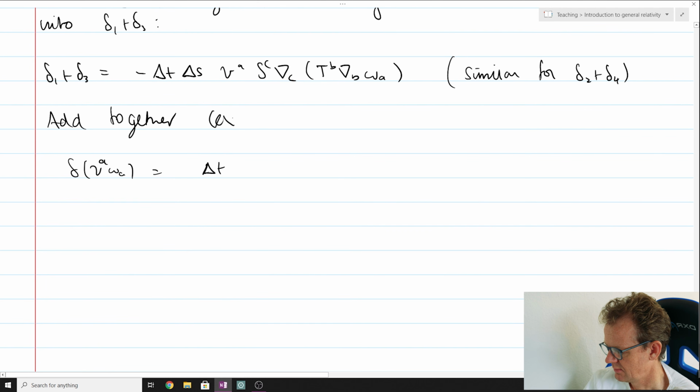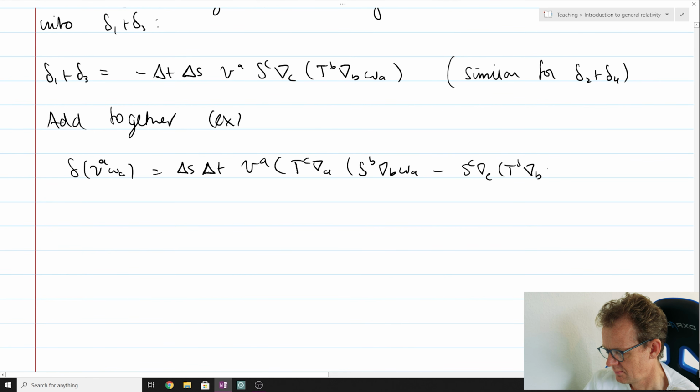And, well, exercise: it turns out that when you add up the change over all the 4 legs of the journey, you end up with the following expression. I think I've got a bracket too many. No, looks right.